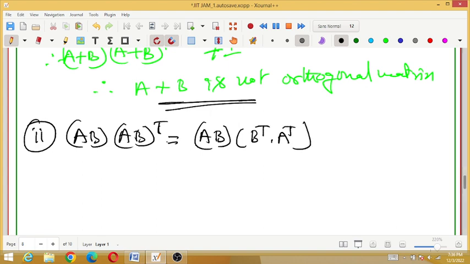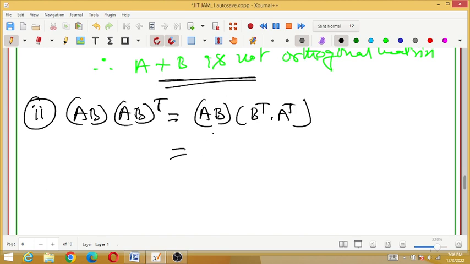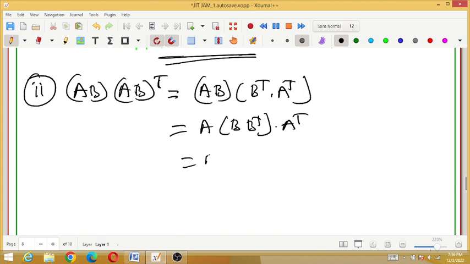This is the property of the transpose of a product. So this product is associative. So A into B into B transpose into A transpose. A into B transpose is nothing but I into A transpose.